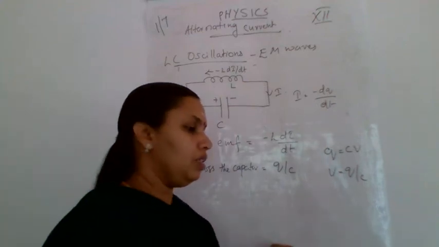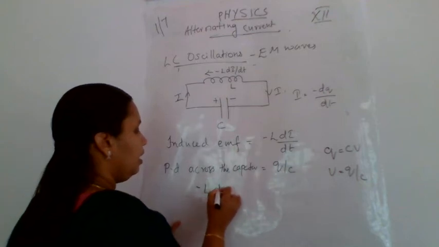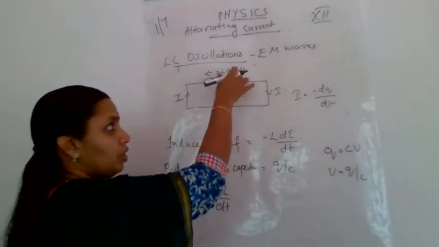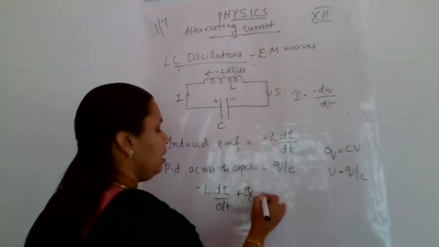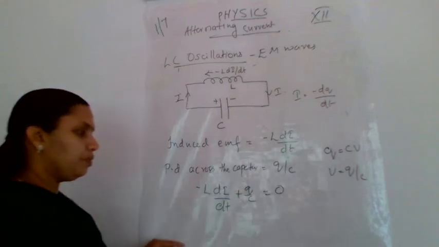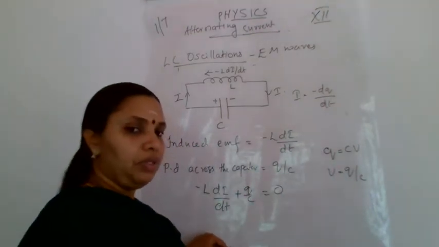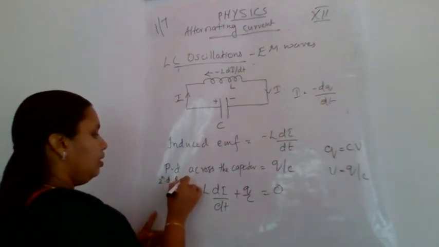So we can apply Kirchhoff's second law here. So we can write minus L di by dt is the potential drop across this, plus Q by C is equal to 0. Minus L di by dt plus Q by C is equal to 0. That is based on Kirchhoff's second law.